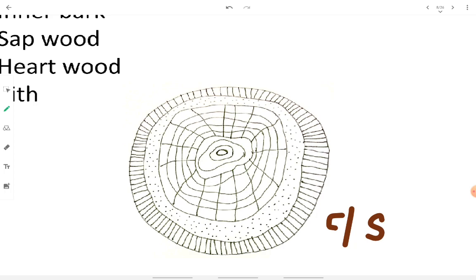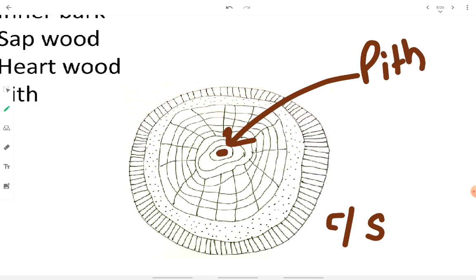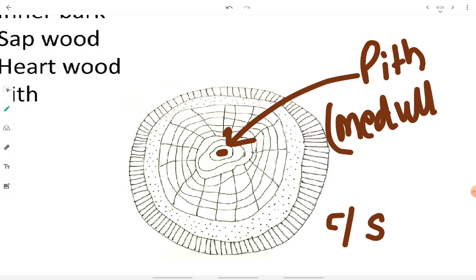See, the innermost point here, I am darkening this point, the innermost darkened brown point is called pith, P-I-T-H, or it is also known as medulla, M-E-D-U-L-L-A.